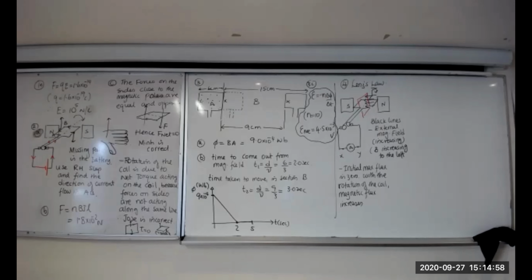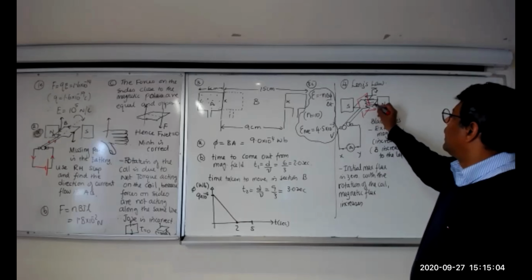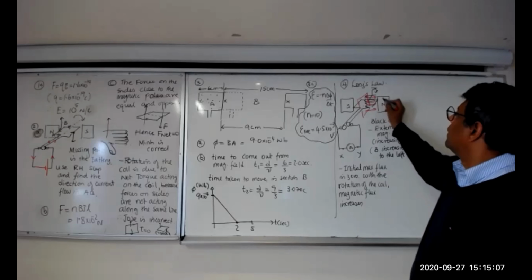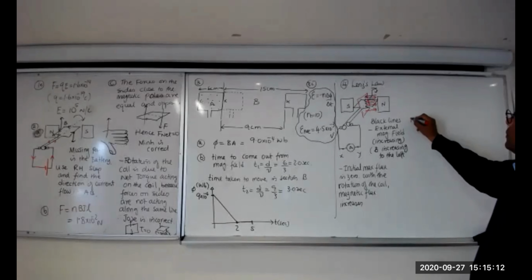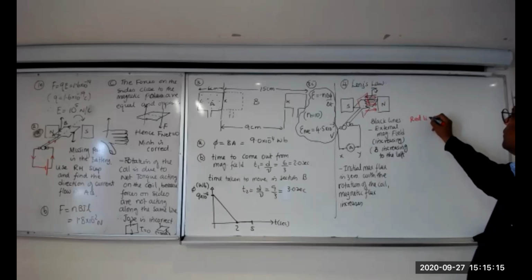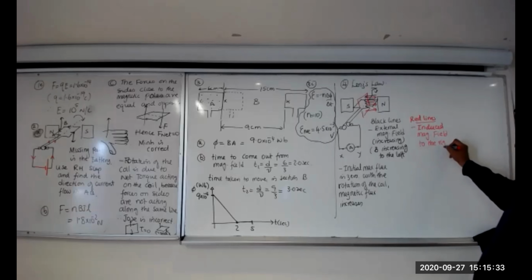Now as a result, to oppose that, the induced magnetic field is the red line, red arrows rather. The induced magnetic field is to the right, and also it's increasing. This is just to oppose it.